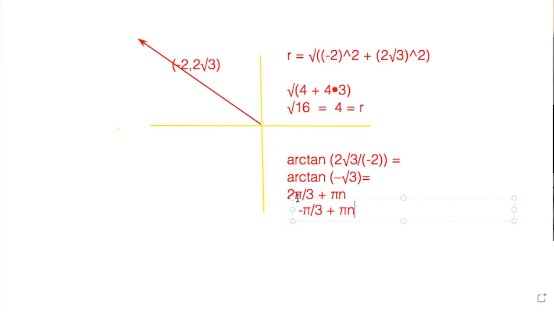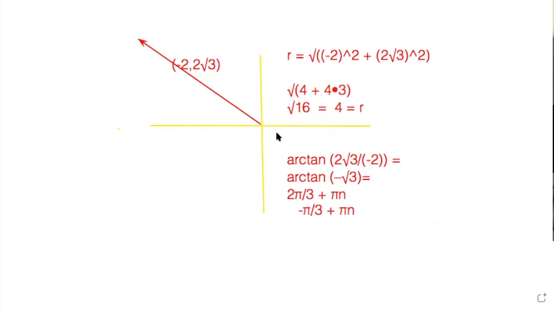Okay. But we also know that negative pi over 3 is down here. And so it's in the wrong quadrant. So we've got to come back over here. If you recall, this whole thing about arctangent, arcsine, arccosine, your calculator gives you a clue as to what you're looking for, but you have to actually think about which one of these is really giving us the answer.